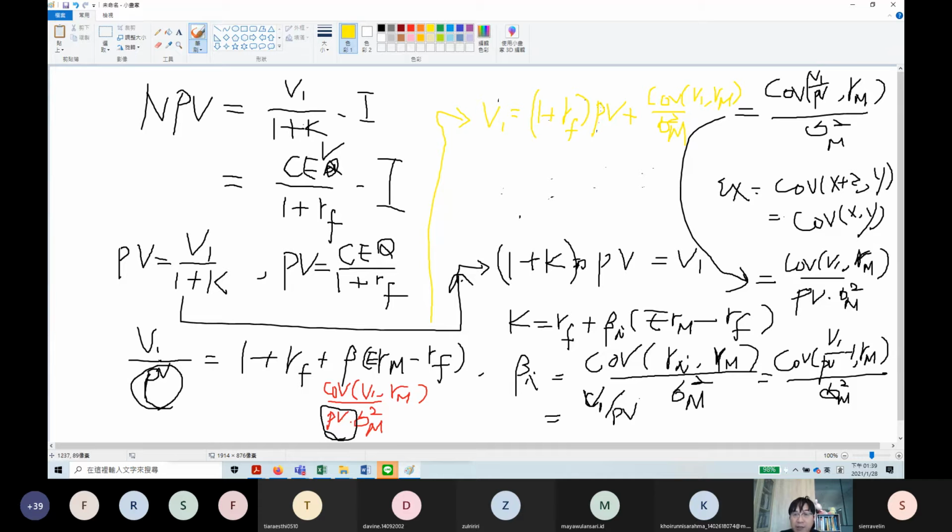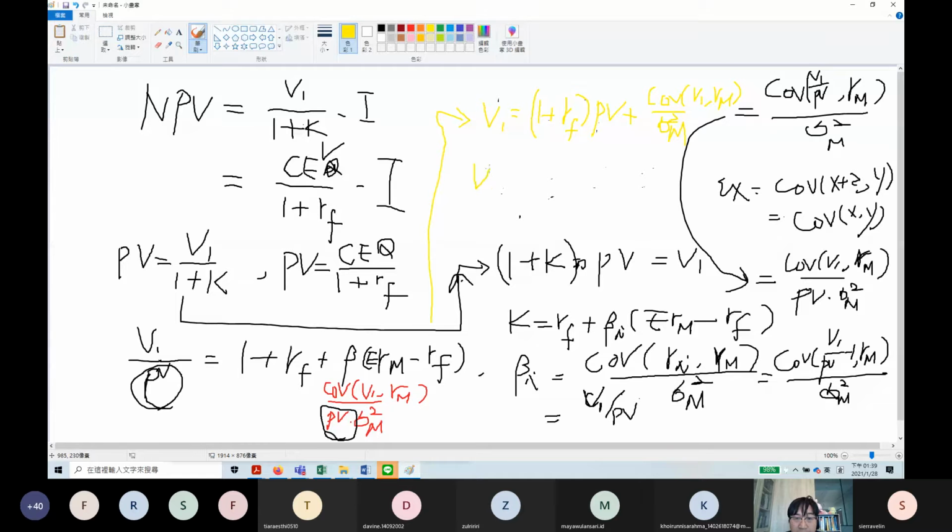Now I move this item from the right-hand side into the left-hand side.